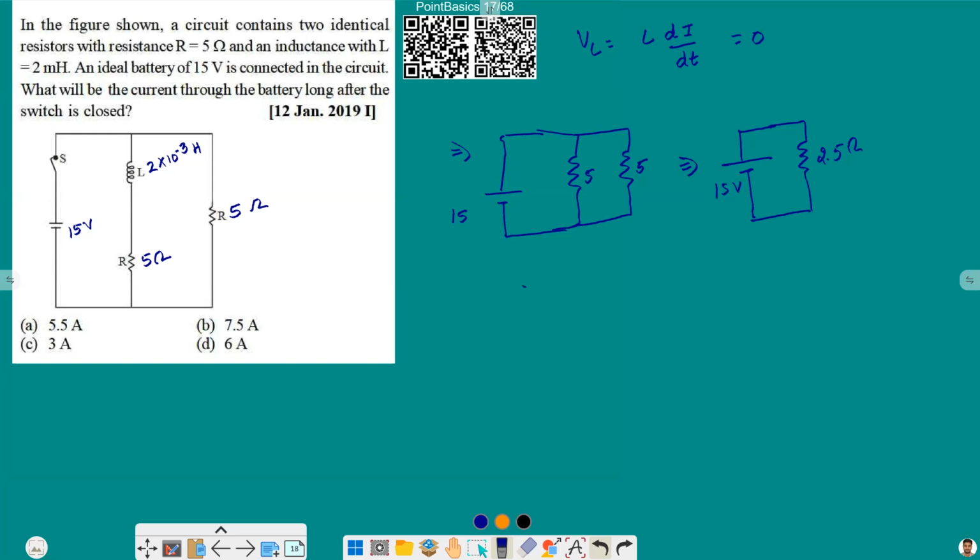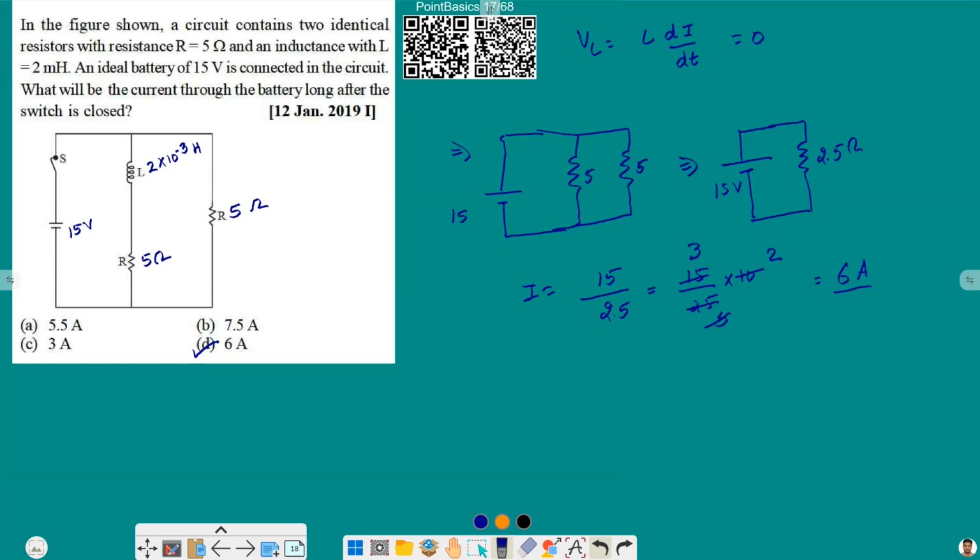Now the current in this circuit will be given by potential divided by resistance, that is 15 by 2.5, which is 6 ampere. Option D is the right answer here.